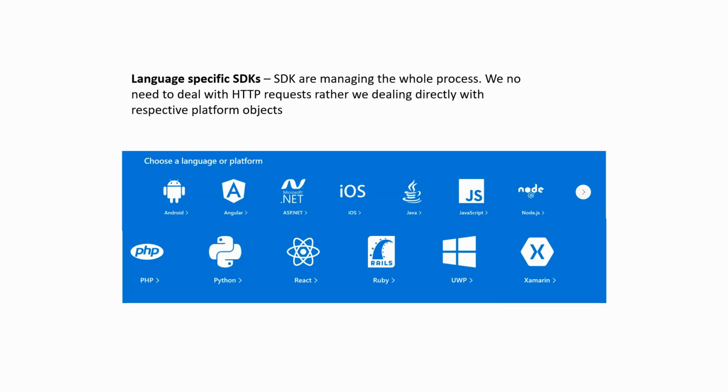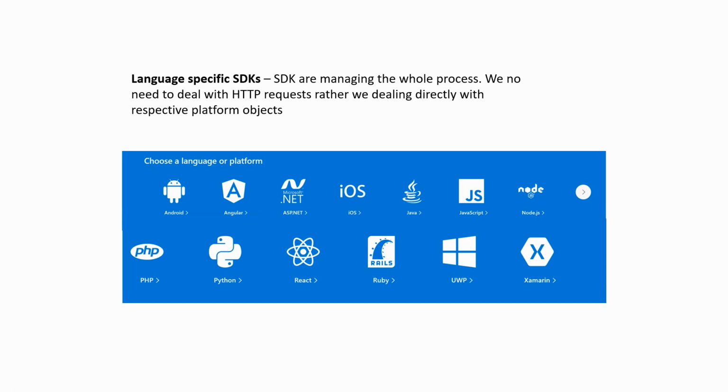Microsoft Graph comes not only with REST APIs, but also with SDKs. Rather than playing with HTTP requests, we have SDKs, which are an abstraction based on the APIs, so we can use them directly. And they are not for one particular language.